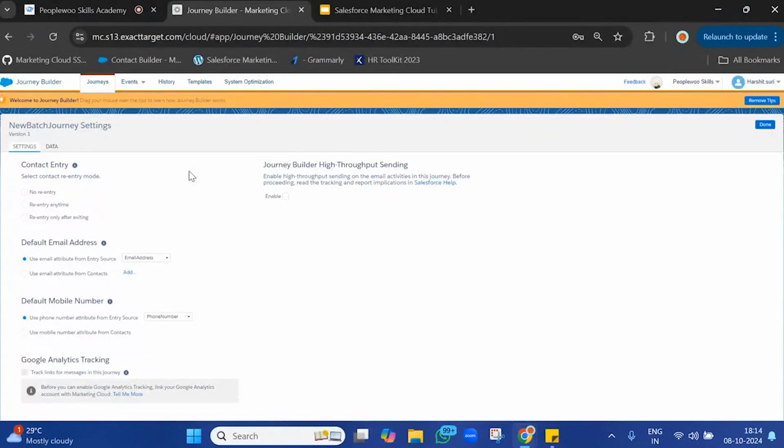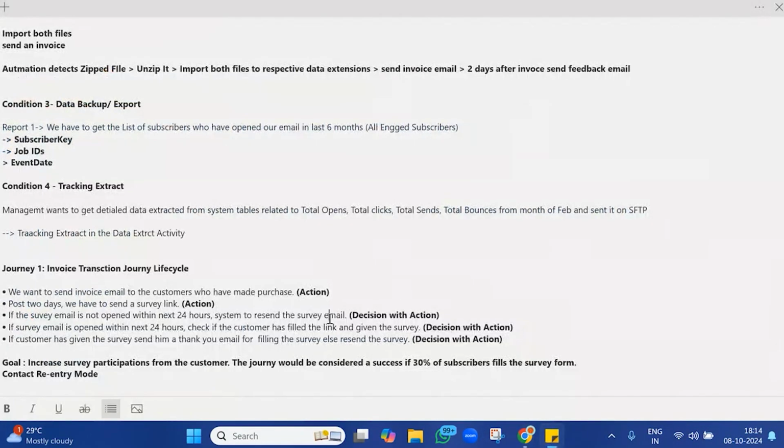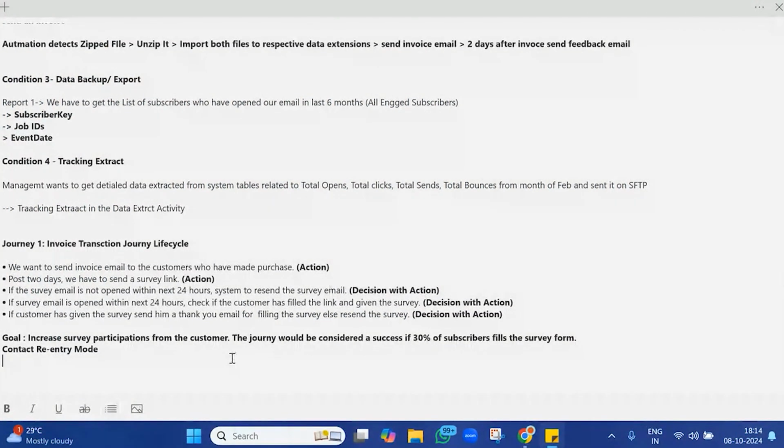Now take three examples. Example 1, where we are working to send a sign up email via a journey. Somebody has signed up. What happens whenever you sign up?